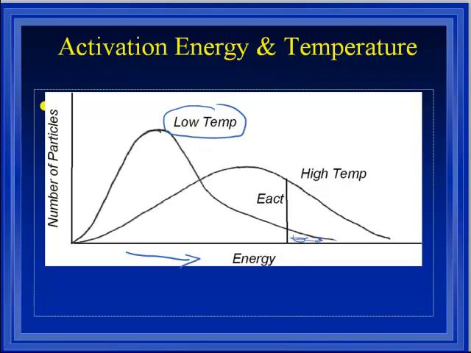Look at how many of those molecules have enough energy to get it to go. Not very many, right? Conversely, though, if I look at something that's high in temperature, look how many more molecules have enough energy to overcome that hump. So you increase the temperature, you increase the number of molecules that have the activation energy, and then the reaction rate is going to increase.